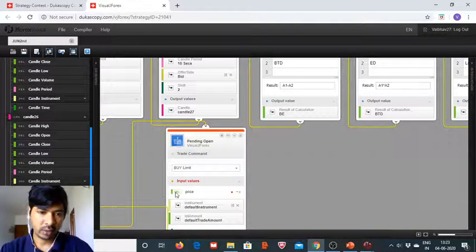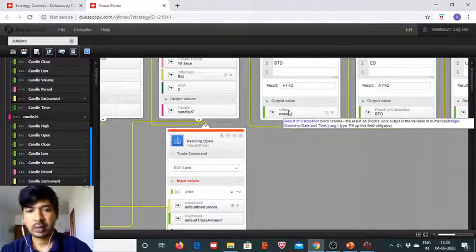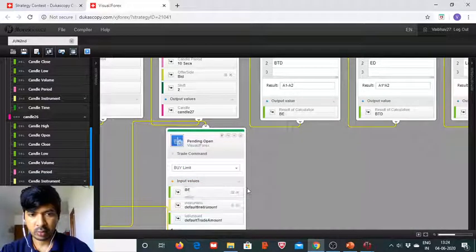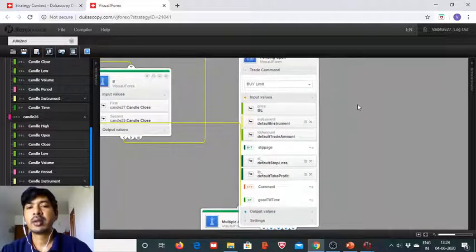Here we don't need to do the type conversion. This is a double parameter, this is also double, so we can straight away use this value. Now we got the entry price for the buy side.